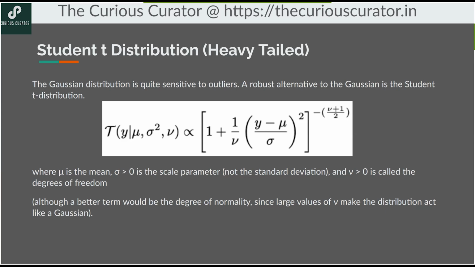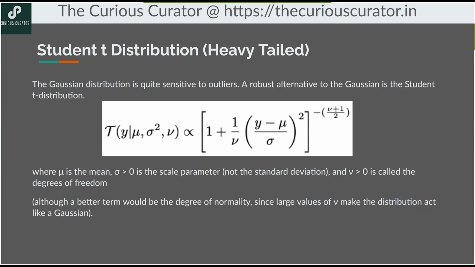So when I say something is an outlier, the data set will have outliers, not the distribution. The distribution is fat-tailed because it is allowing outliers to be modeled.